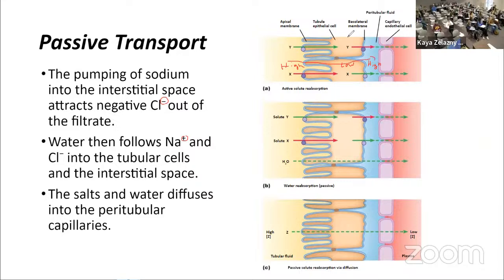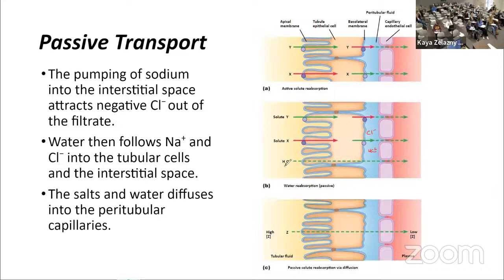So we end up in this situation where we have both sodium and chloride ions in this interstitial space, right? So we're going to have sodium here. We have a bunch of chloride ions here. A bunch of ions means we have something that water is going to get pulled by, right? Like water wants to move, osmosis to spread those apart. So water moves down toward that high concentration of ions.